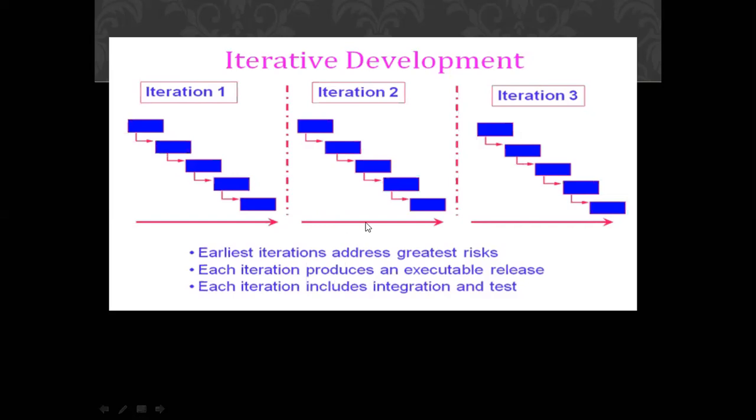On the basis of those feedbacks, the changes that are tested out, the defects, again all the phases are performed: the new requirements, modified requirements are gathered, then it is analyzed, designed, coded again, tested again. Again the next improved version of the product is delivered. Or you can also say one part of the functional project is delivered, then it is improved in iteration 2, then it is improved in iteration 3.